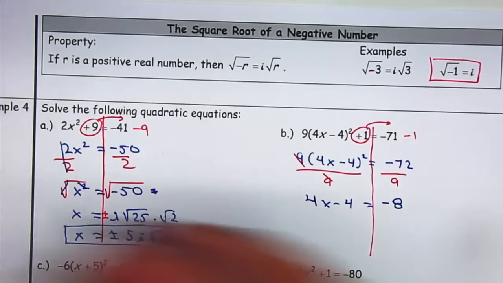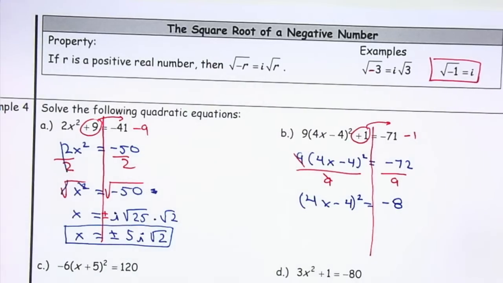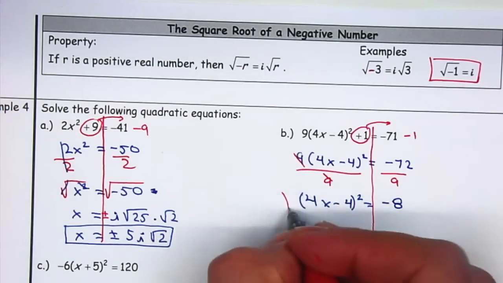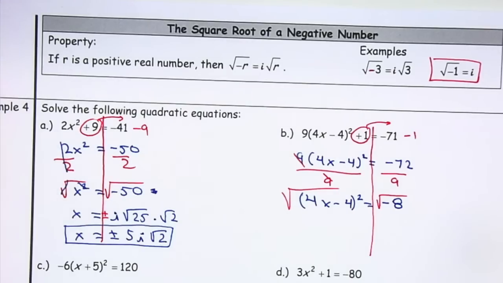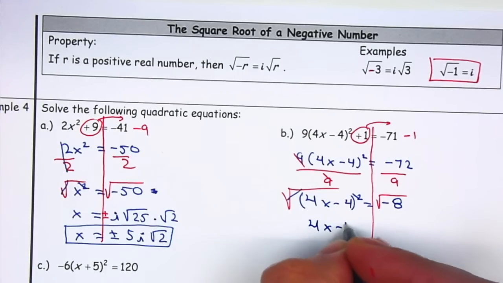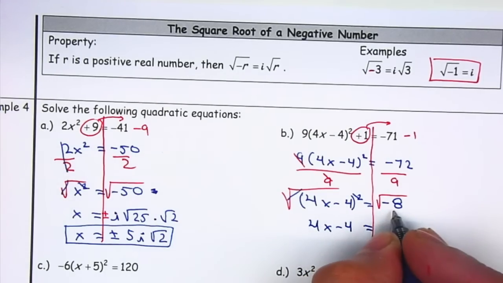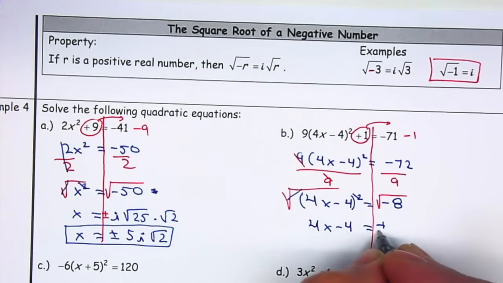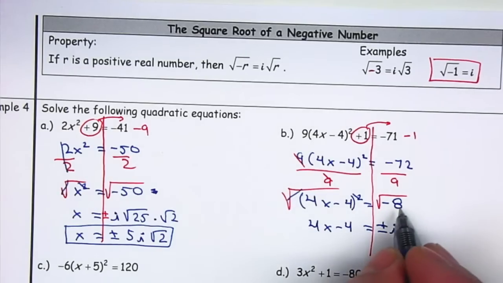Well, let's not forget my square. Now I can get rid of the square. I'm going to take the square root on both sides. The square root and the square cancel, so we just have 4x minus 4 is equal to, now the square root of negative 8, we know there's a negative inside, so the first plus or minus, the negative inside will come out as an i, and I'm going to separate the square root of 8.